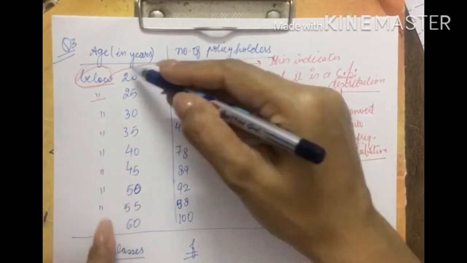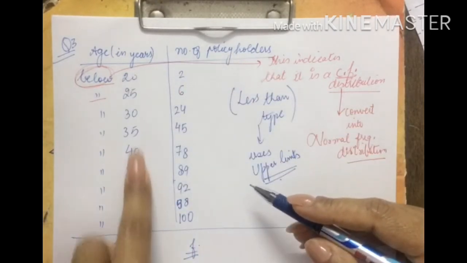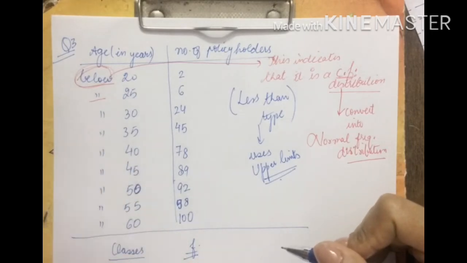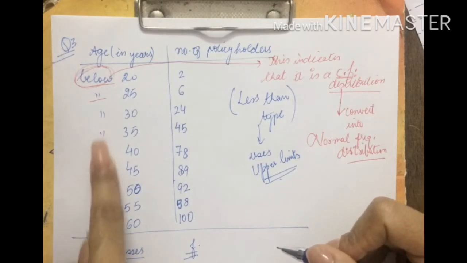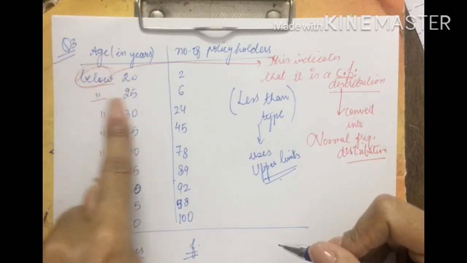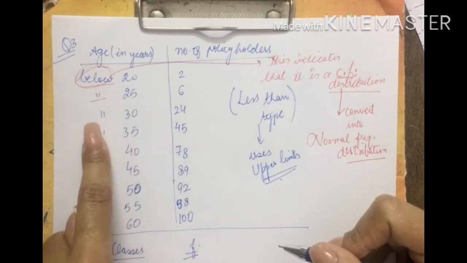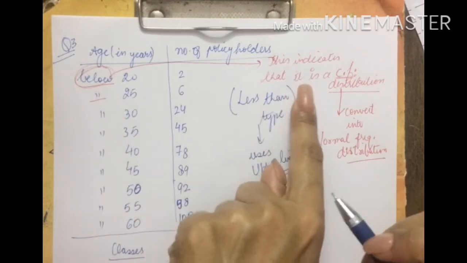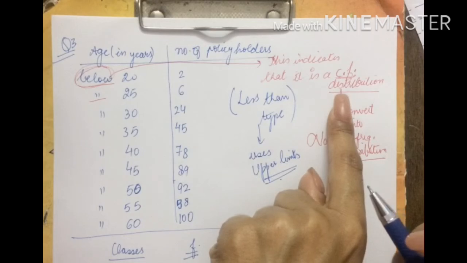So all these values are the upper limits of our class intervals, which we will make in a normal frequency distribution. Since because of the words used here, below 20, below 25, below 30, we identified that this is a cumulative frequency distribution.